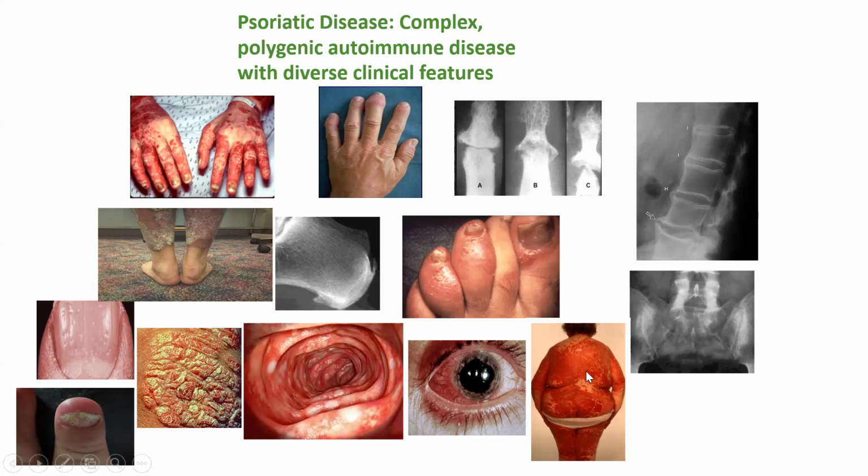And then here we have the associated conditions of inflammatory bowel disease, uveitis, and then this poor woman who is obese, has psoriasis, psoriatic arthritis, and likely she has hypertension and elevated cholesterol, and is struggling to prevent cardiovascular disease from occurring early in her case.